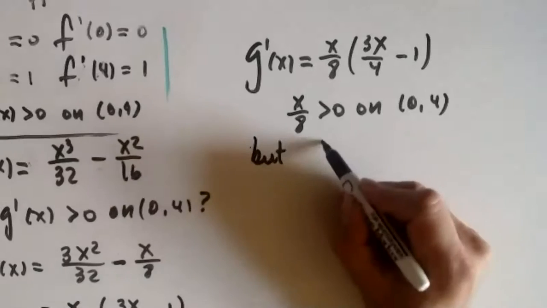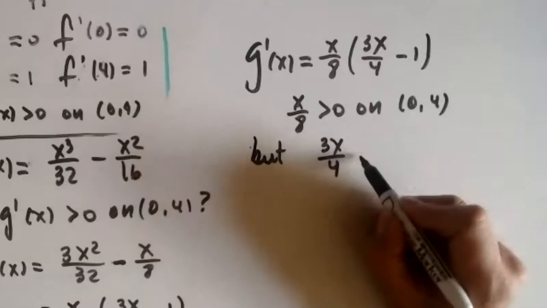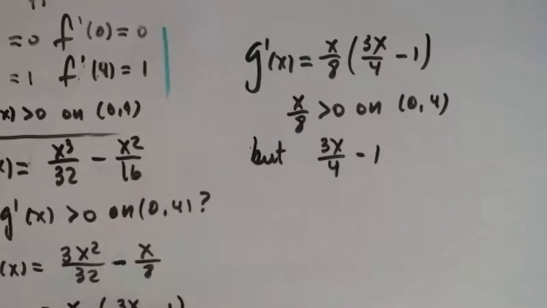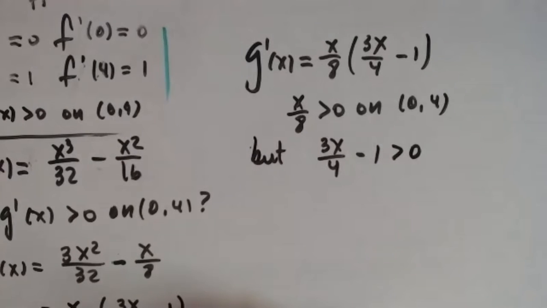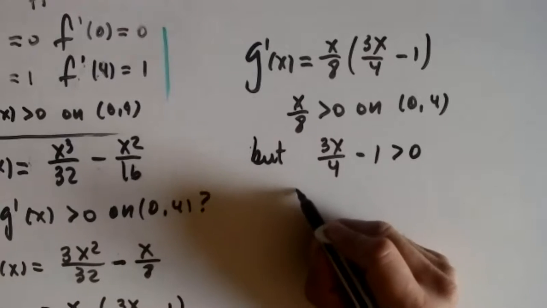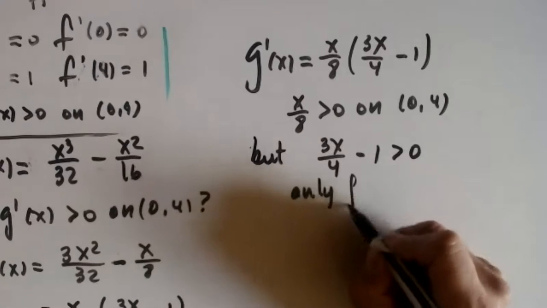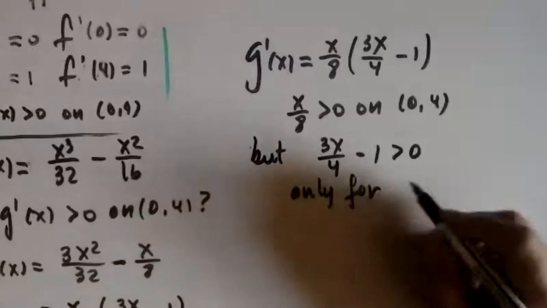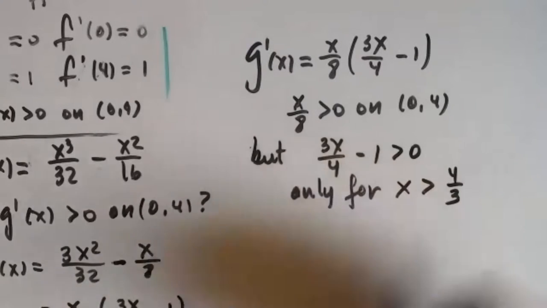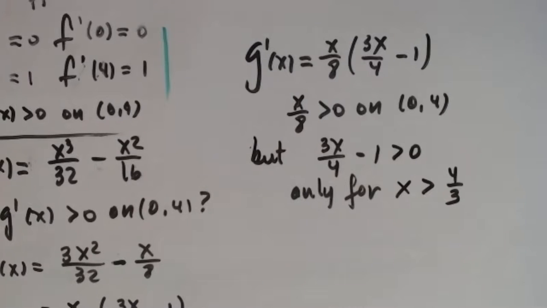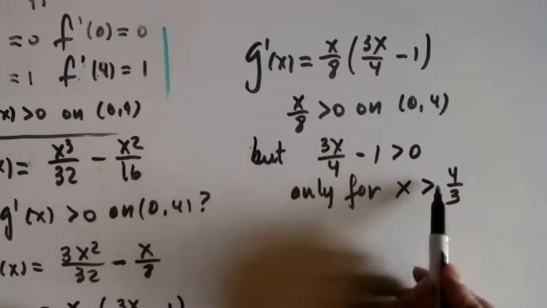But 3x over 4 minus 1, right, is positive only for what values? For x's greater than 4/3. Does everybody understand what happened from here to here?